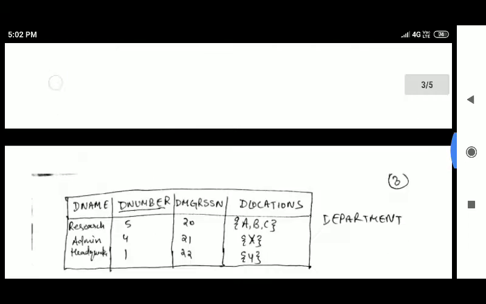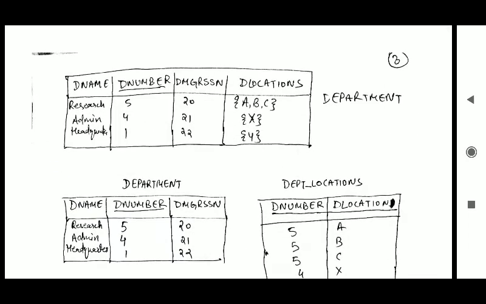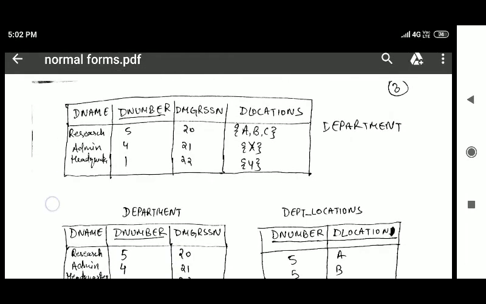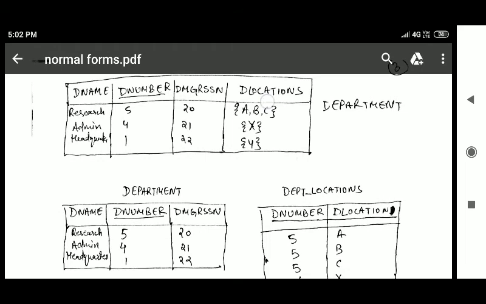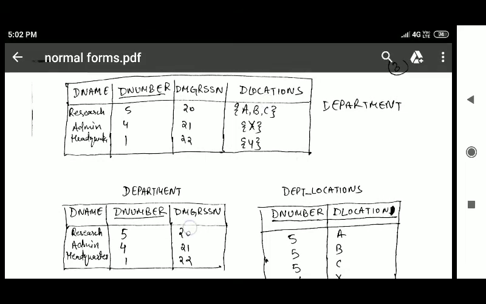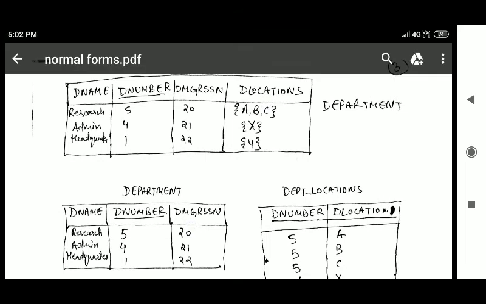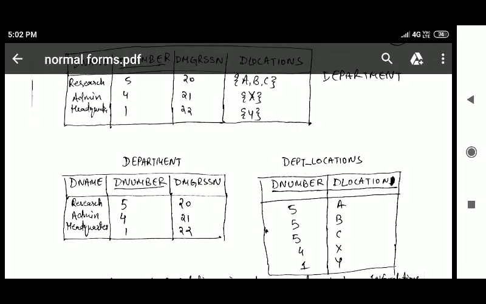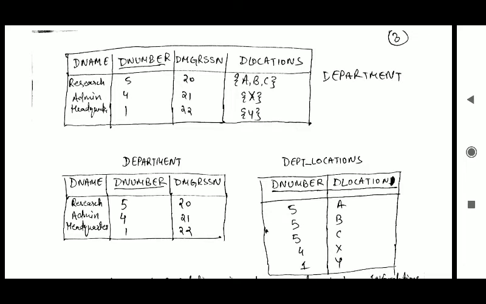Now let us see how this happens. So this is the department relation. So what we have done from this department relation, we have removed this attribute D locations which violates the first normal form, and we have made a new relation department locations, and it has two attributes, department number D number and department location D location.